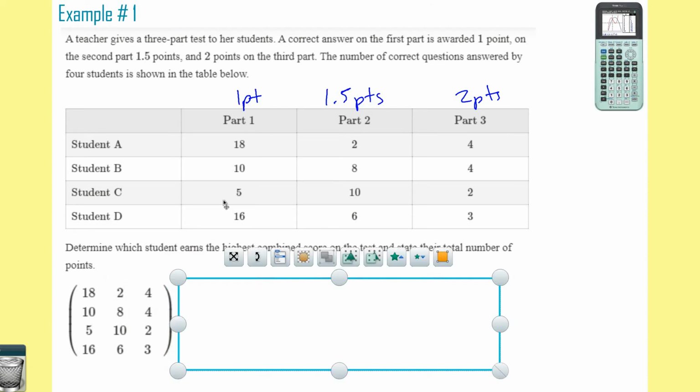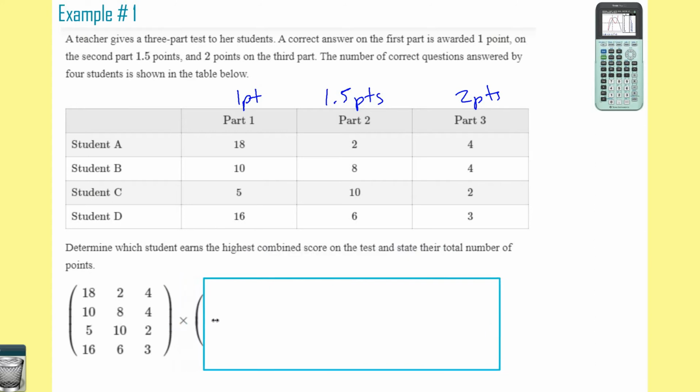Okay, so I just listed all the parts they got right, and then I want to multiply part 1 by 1 point, part 2 by 1.5 points, and part 3 by 2 points. So I want to do each column differently. How I write that is I write it times this.